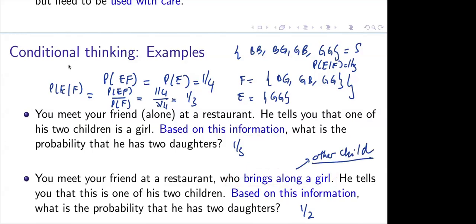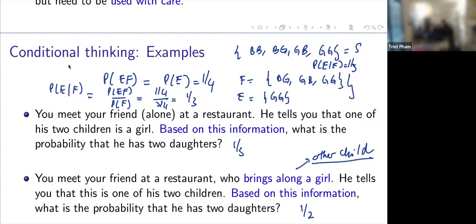Yeah, so F would just be BG and GG, if we just say that the second one is... No, incorrect. F is not BG and GG. The reason is you don't know if this is an older daughter or younger daughter, right? Your friend never tells you this is an older daughter.